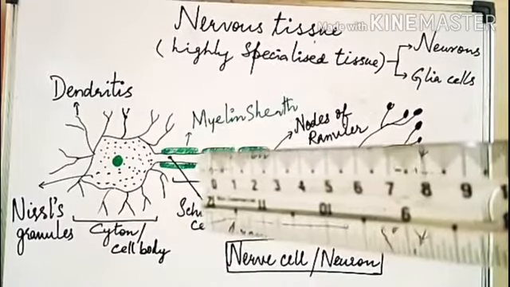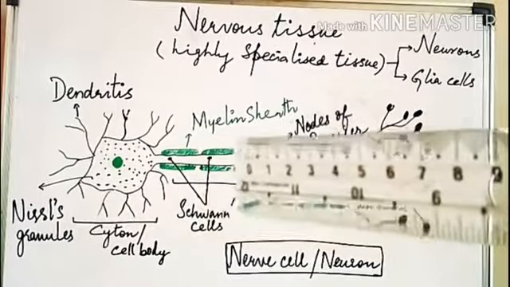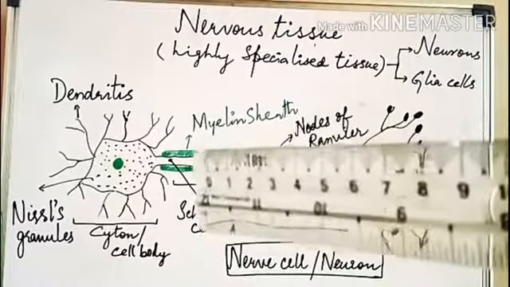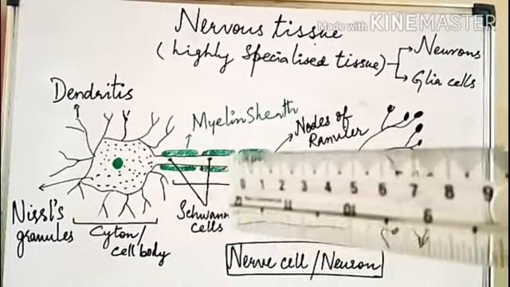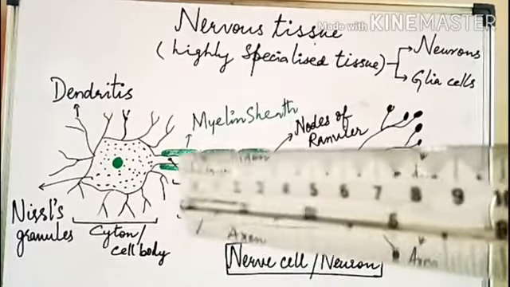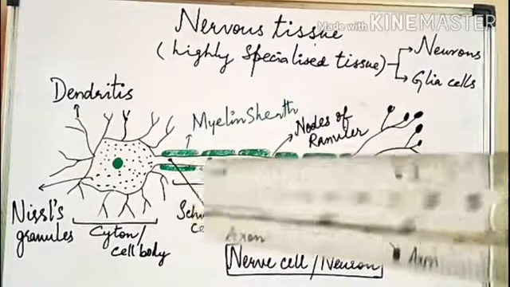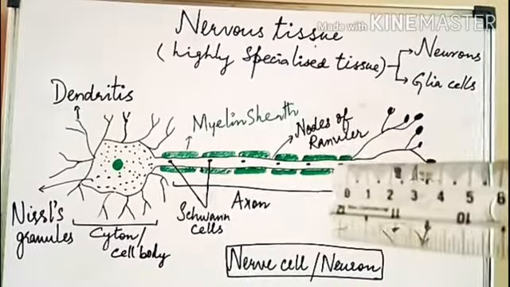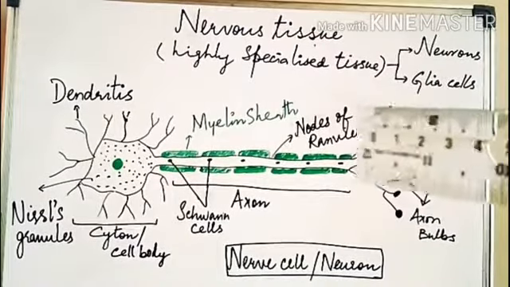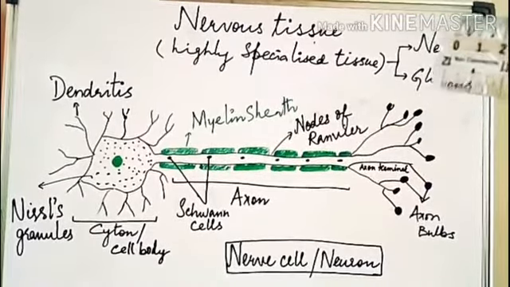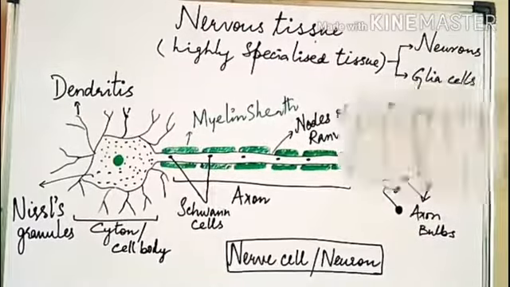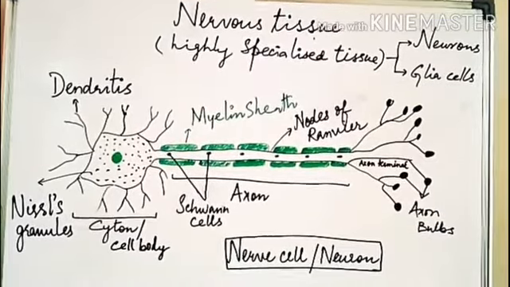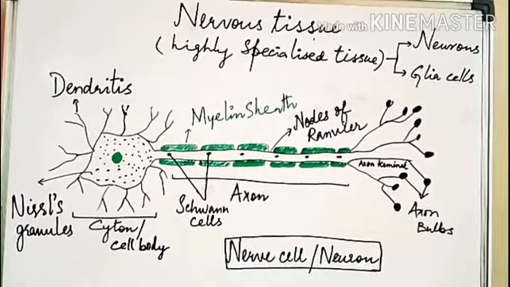This is responsible for making the impulse jump from one node of Ranvier to another node of Ranvier. Fine. So information passes like this. And such a type of impulse conduction, where it jumps at the nodes of Ranvier, is called saltatory conduction.